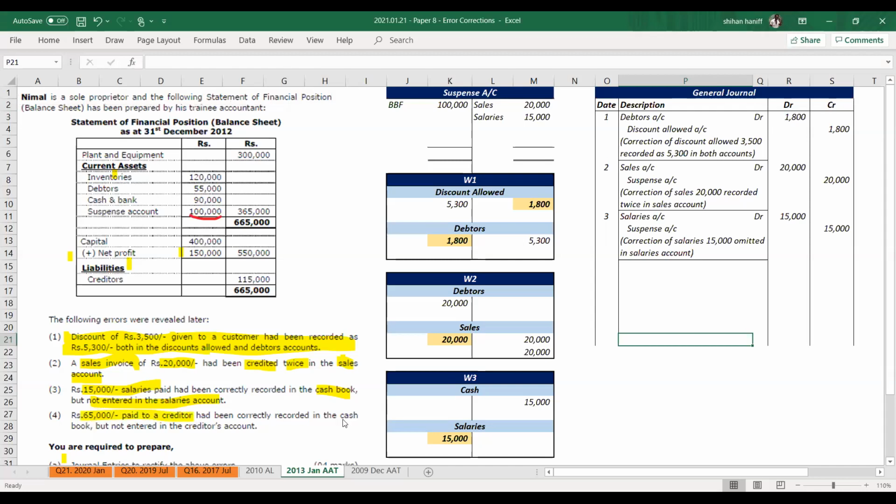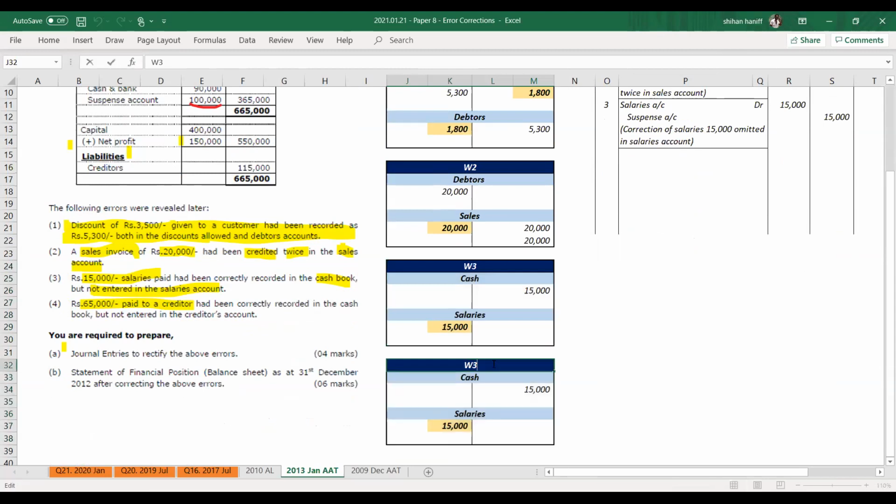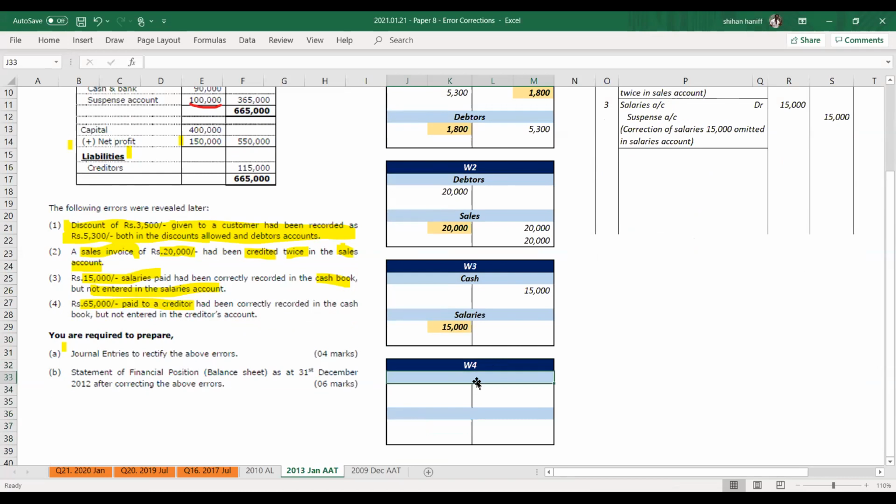Let's do another working, working number 4. So if you pay to the creditors, cash account credit and creditors account should be debit.